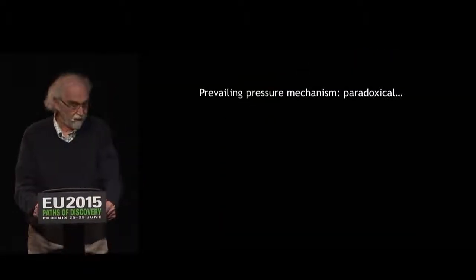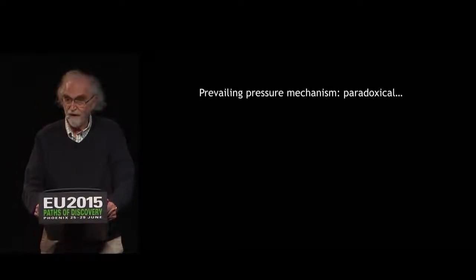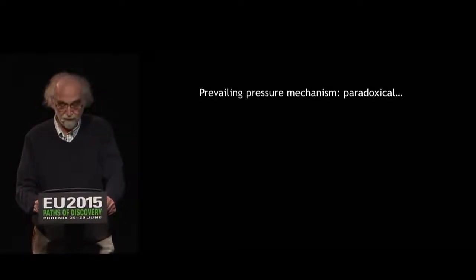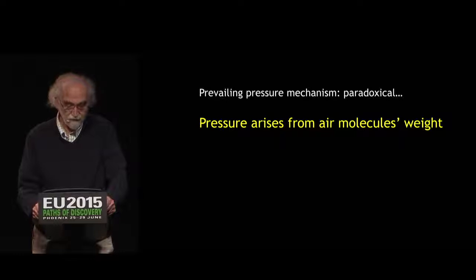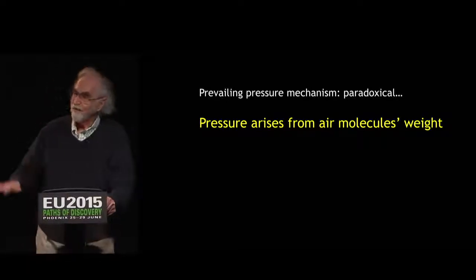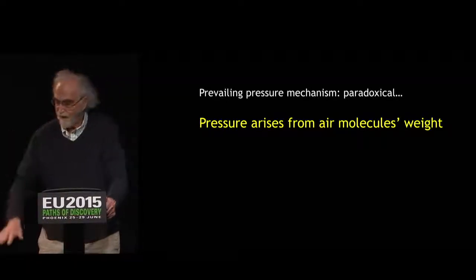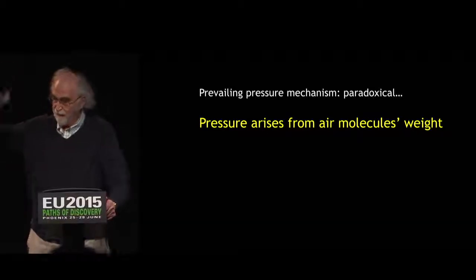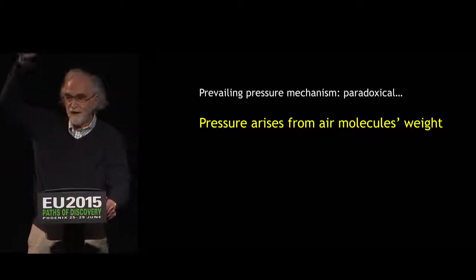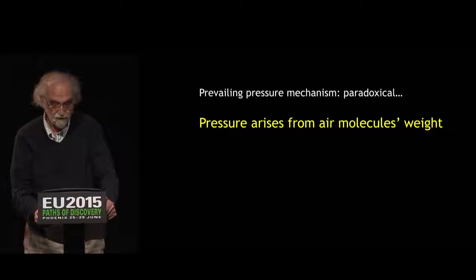The prevailing pressure mechanism is fraught with several paradoxes. We think of pressure arising from the weight of the air. So the weight of the air is pressing down on us. And if you're on top of Mount Everest, there's less air and it's pressing less on you.